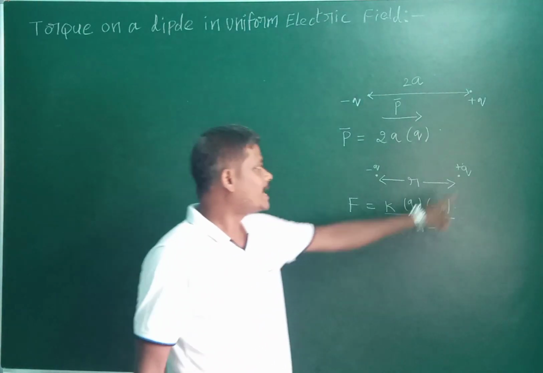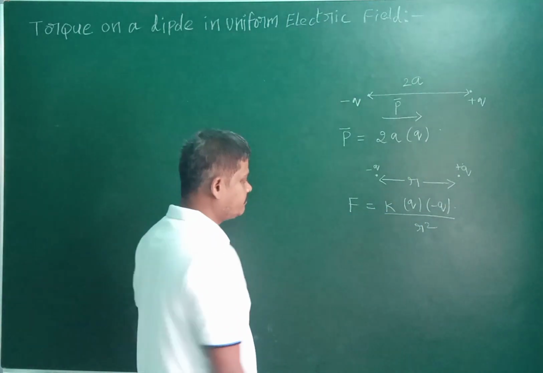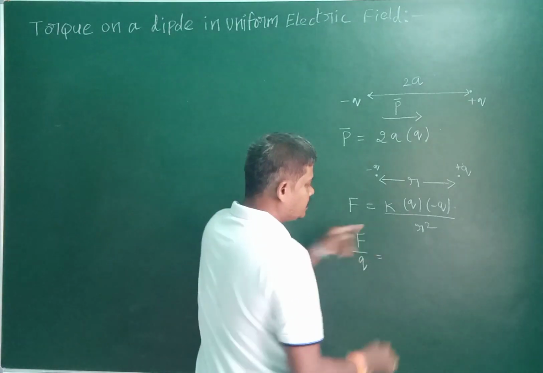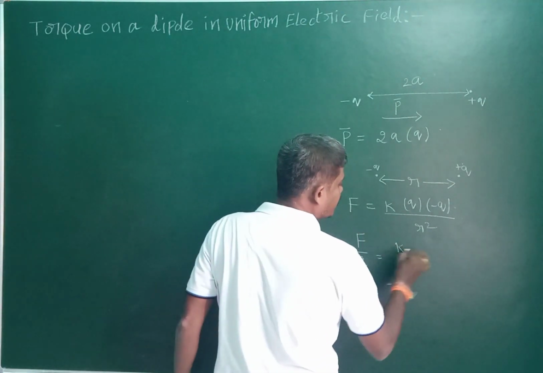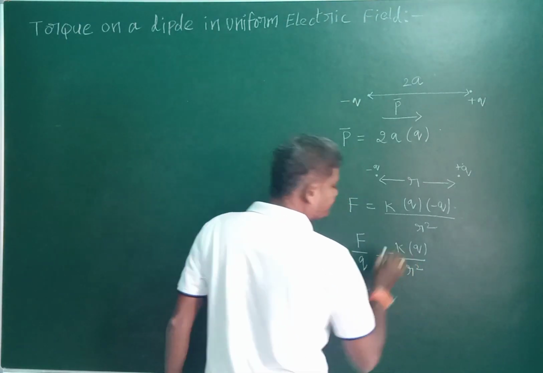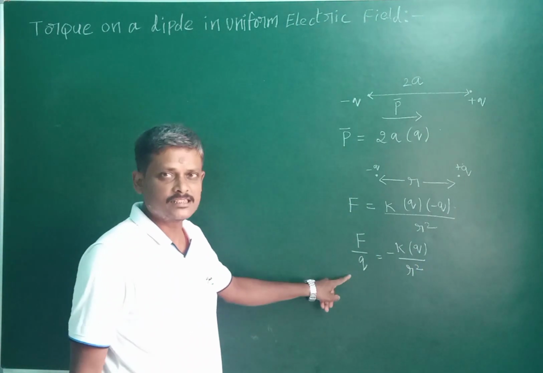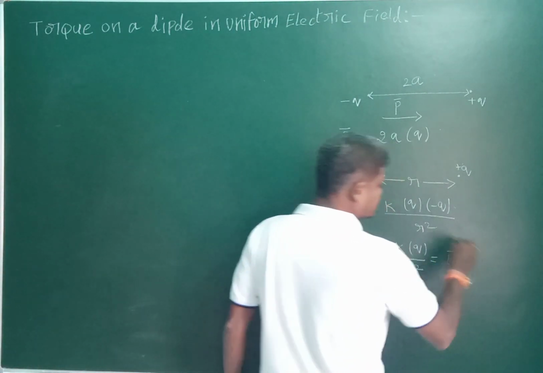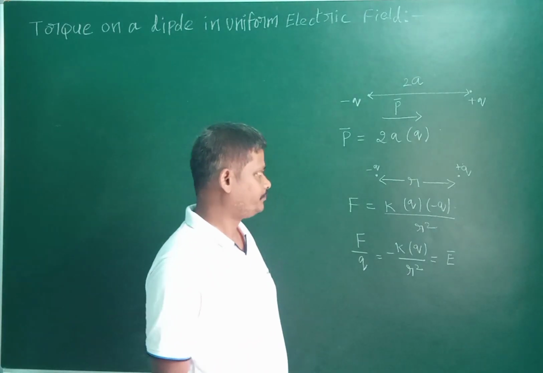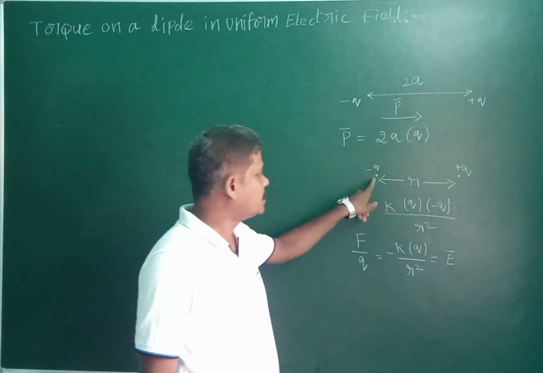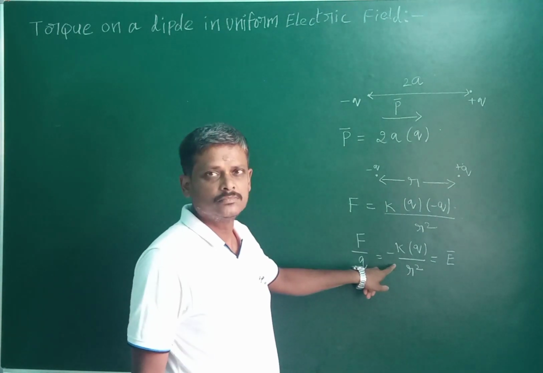Then the force acting per unit charge, F by q, is equal to k minus q by r square. This force acting on the unit charge is defined as electric field intensity. So, the electric field intensity at this point due to this charge is given by this equation.